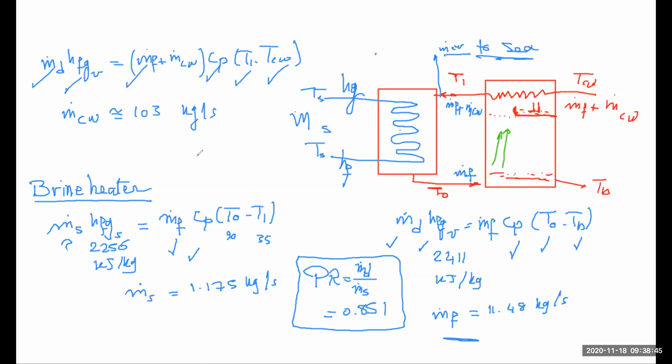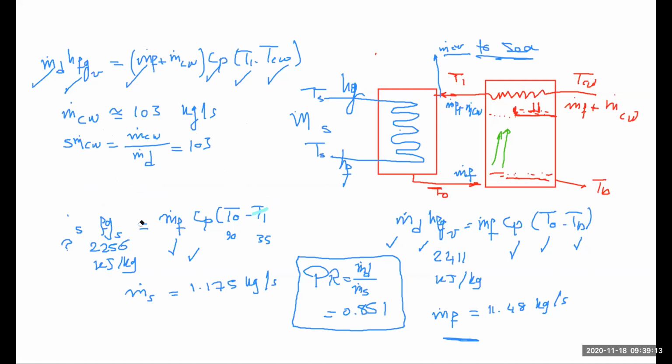Now we have calculated the PR, and we have calculated the m dot cooling water, so the specific m dot cooling water, which is m dot cooling water over m dot distillate, is about 103. What's needed then is areas. To calculate the area, maybe I can calculate one of them and leave the other one to you.